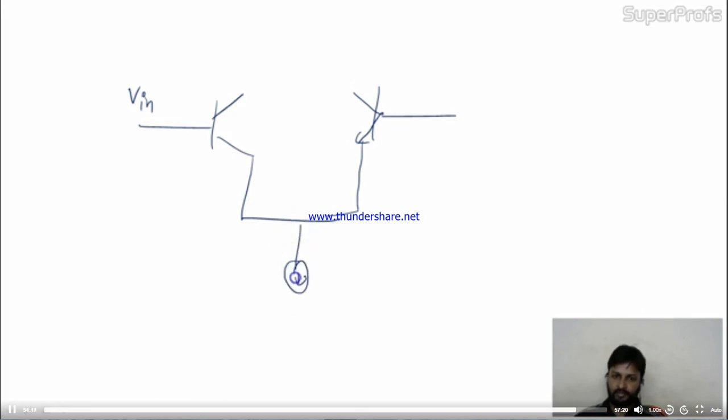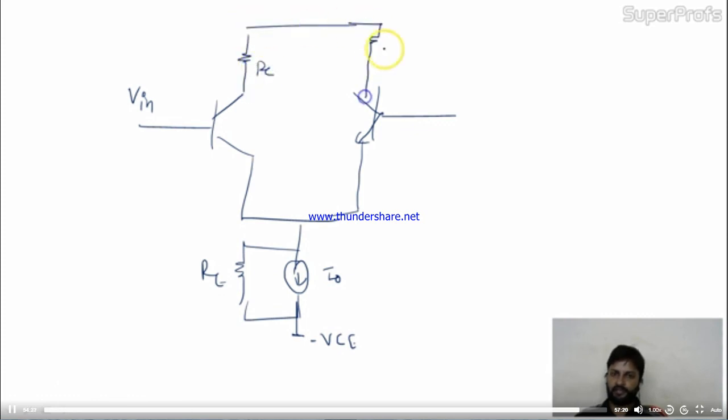Over here, this is I0 in parallel with RE. Always the resistance with current will be parallel. This is minus VEE. Over here I'm getting RC. Okay, let's take it, RC. And here VCC. Here I'm taking V0.